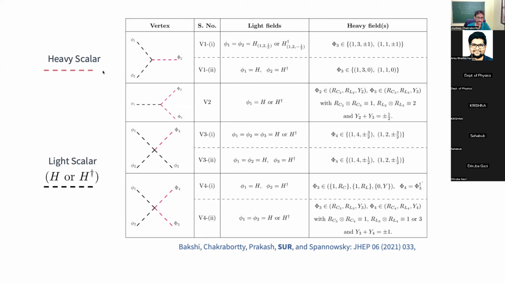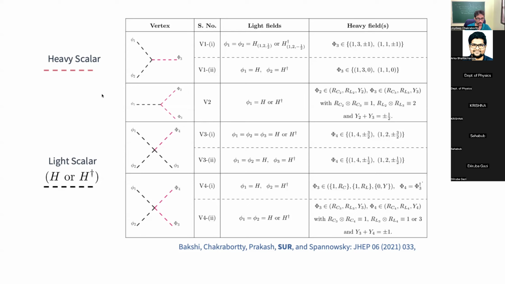That means if I have a heavy scalar, then what are the possible interactions it can have? One heavy scalar can couple to two light scalars, or two heavy scalars can couple to a light scalar, or one heavy scalar can couple to three light scalars, or two heavy scalars can couple to two light scalars. So these are the possible interactions of the heavy field with the light field you can write down. There is no other way you can write down this thing.